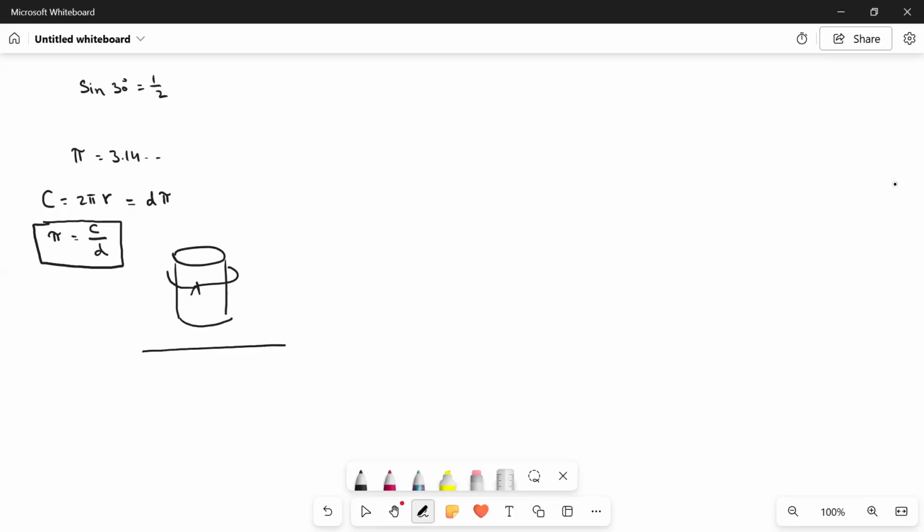Unwrap this thread and measure its length. How much is its length? And measure the diameter of this circle. Then try to calculate this value of C divided by D, and you will get this magic number 3.1415, whatever it is.